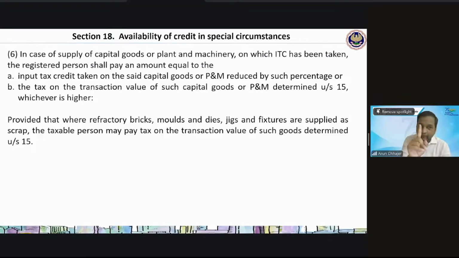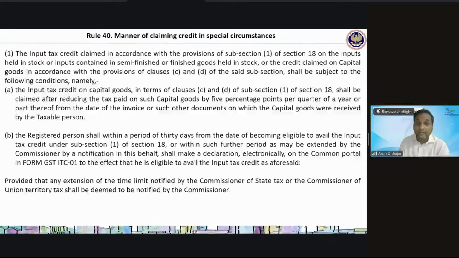The value number 1, ITC on the capital goods or plant and machinery reduced by such percentage. What is the percentage?